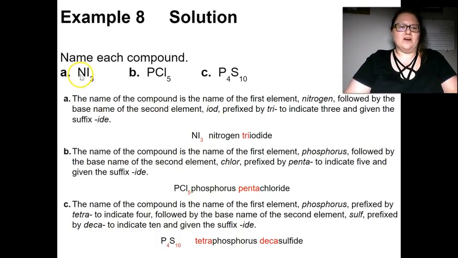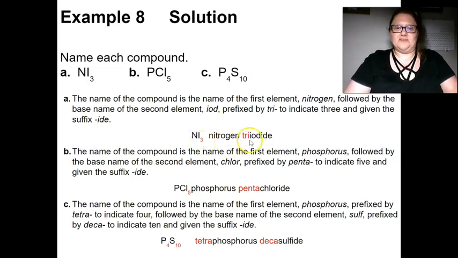So the first one, we have a nitrogen and 3 iodine. So we need to say that. We need to say 1 nitrogen, 3 iodine. But the nitrogen is the first element, and there's only one atom. So we do not say mononitrogen. We just say nitrogen. So the first name is nitrogen, but then we have to signify that there are 3 iodine.